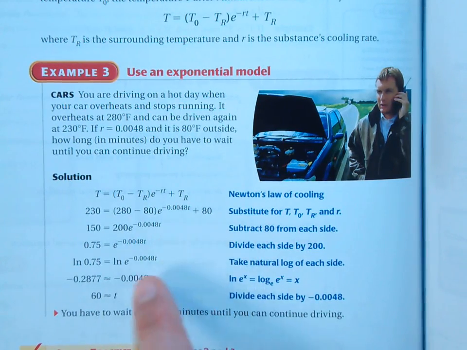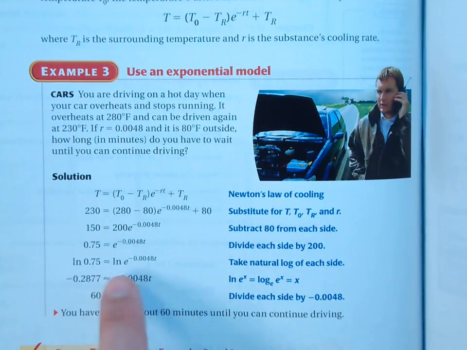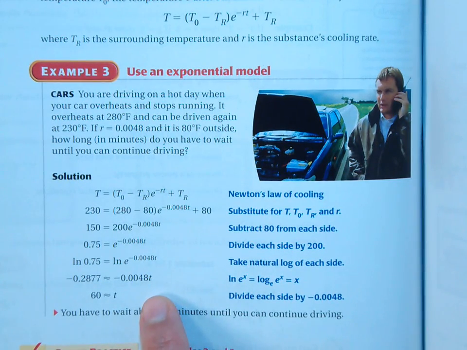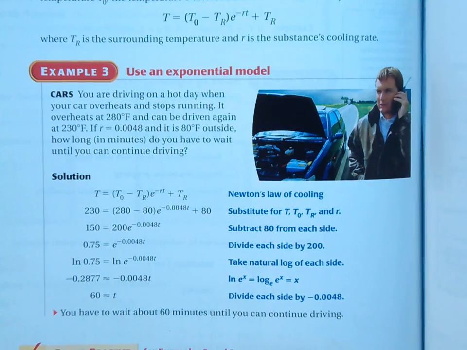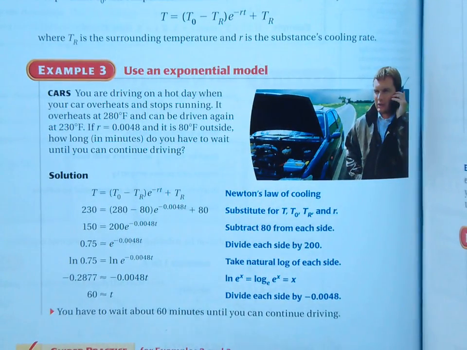So you get the e raised to a power by itself by dividing by 200, and then you take the natural log of each side, so the natural log and the e go away, and you're just left with the exponent, negative 0.0048t, and you just divide by the constant, 0.0048, and you get roughly 60. So you have to wait an hour, 60 minutes. You have to find something to do so that you can continue driving your car when it's the right temperature.